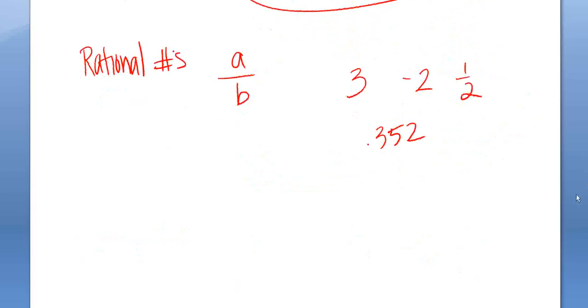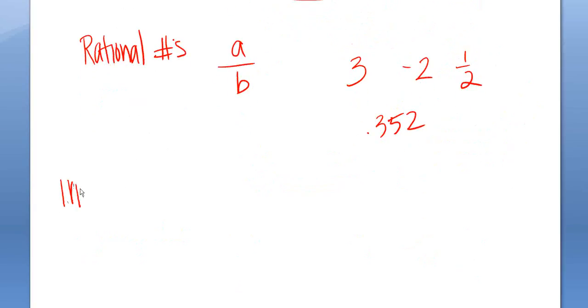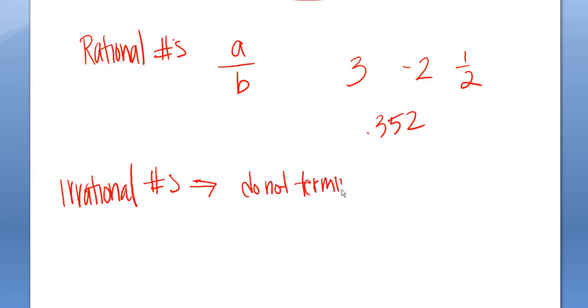Let me give you an example of what irrational numbers are. Irrational numbers are all your decimals that do not terminate, meaning they keep going on forever, and all decimals that do not repeat. So there's a few examples we pull out when we talk about irrational numbers.